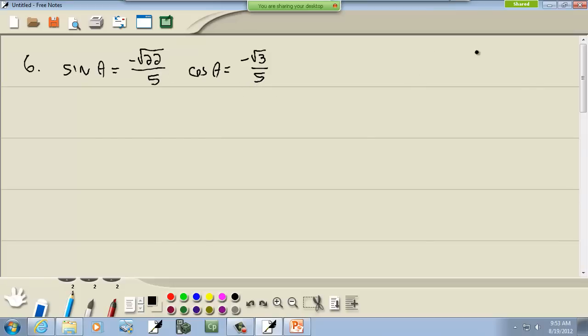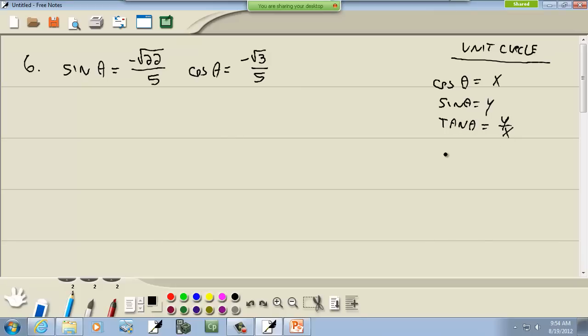So for a unit circle, remember our formulas. Cosine of our angle is equal to x. Sine is equal to y. Tangent is equal to y over x. And not that you need them, secant is equal to 1 over x.